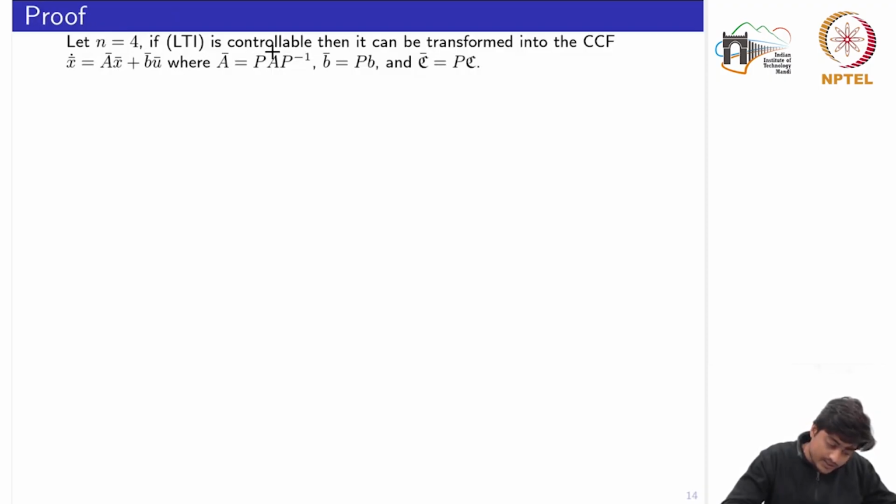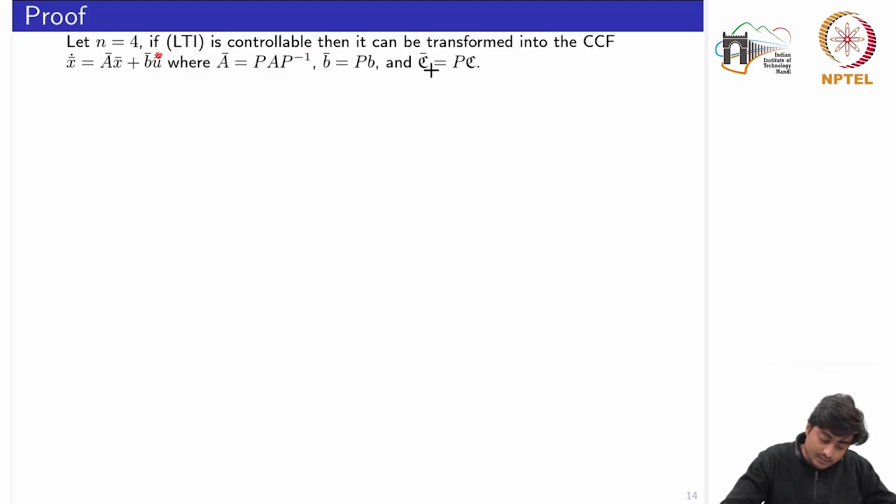If the plant is controllable, then it can be transformed into the controllable canonical form by using the previous results, having the state x bar, and the input would remain the same. A bar we have seen many times can be computed by PAP inverse, where P is the transformation matrix, and B bar can be computed as PB.